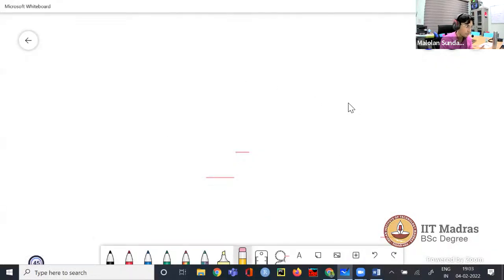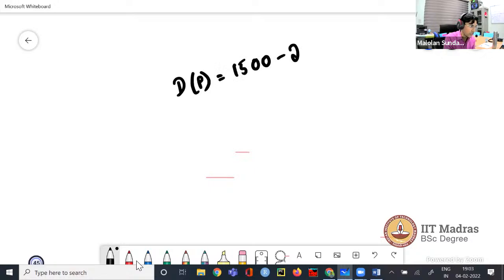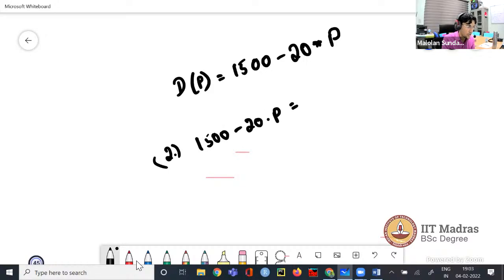So you take the equation, demand for a price is equal to 1500 minus 20p. For question number 2, equate this to 0. So 1500 minus 20p is equal to 0. So p would be equal to 1500 by 20, which will come to around 75.